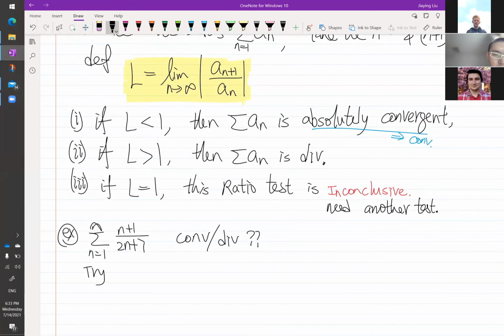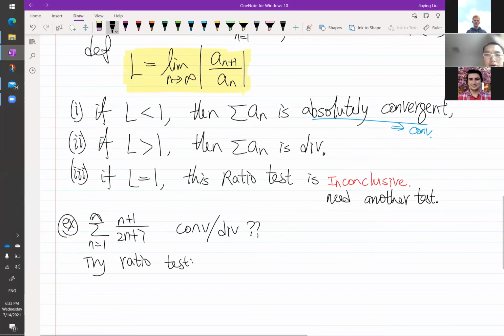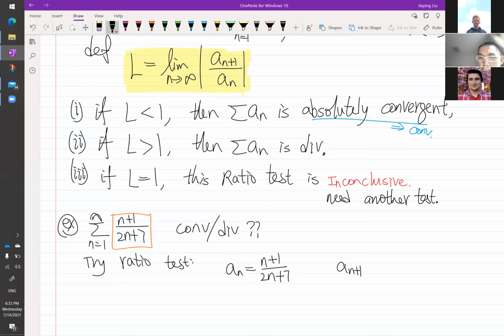So try with the ratio test. I need the a_n and the a_(n+1), right? So I'm just going to write down a_n on the side, which is (n+1)/(2n+7). And for a_(n+1), take the n and replace it with n+1.